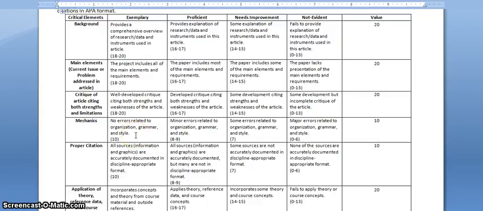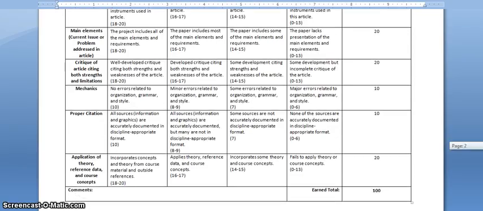No errors related to organization, grammar, and style. And when I go over the example in just a minute, we'll go over organization. That all your sources are cited. Make sure that when you cite the article in APA format, that is the one you want to focus on.